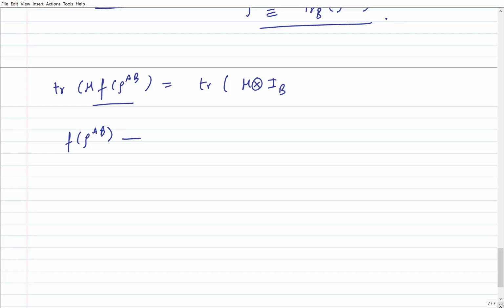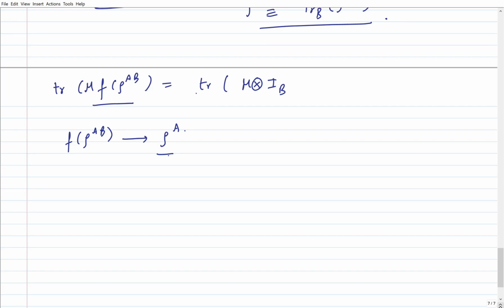The more formal way of seeing this is that we decompose the map. Let's say I have a map, not the partial trace map, but a map F, and I demand that it gives me the correct measurement statistics on system A. There's some map that takes ρ_AB to a density operator on the reduced subsystem.